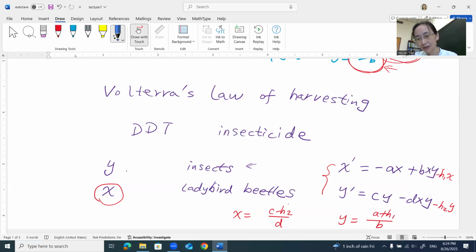Then the effect is to decrease the ladybird beetles population, but increase the population of the insects. So that is against the purpose. So if you are aware of Volterra's law of harvesting, then you wouldn't apply DDT in such a situation because it doesn't help. On the contrary, it even increases the population of insects.